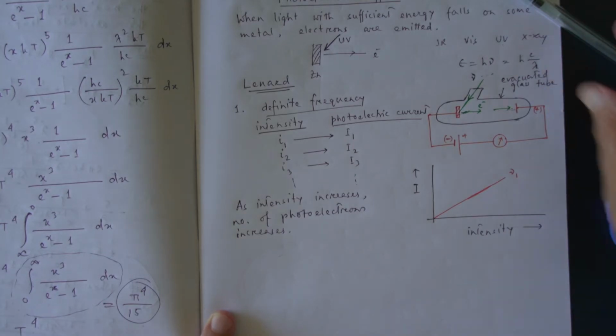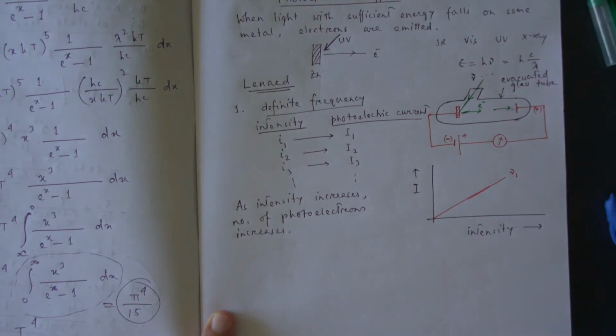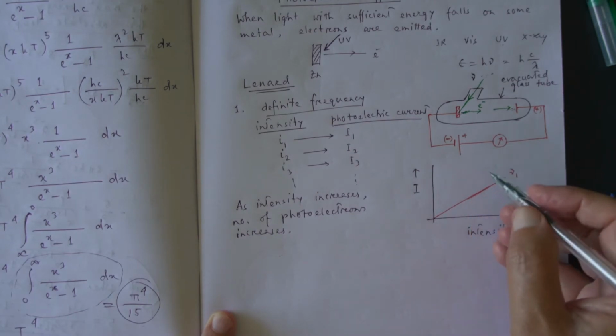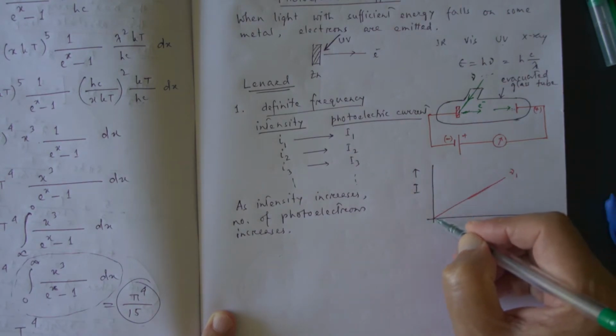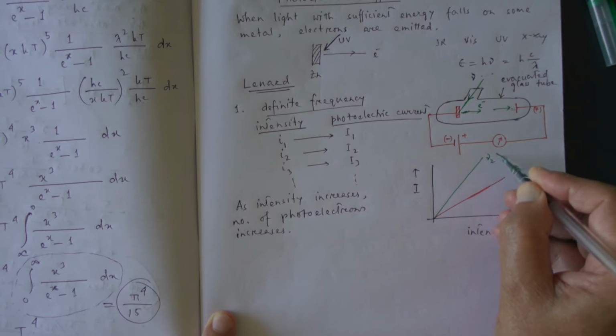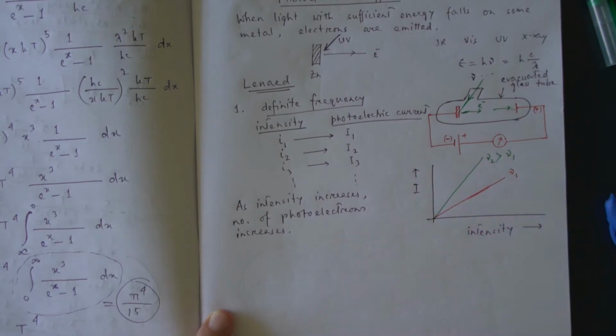Then he used radiation with another frequency, say nu2, and he did the same thing. Say this is with nu2, which is greater than nu1.